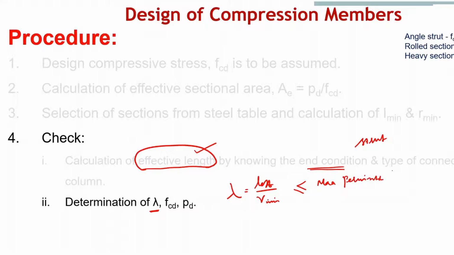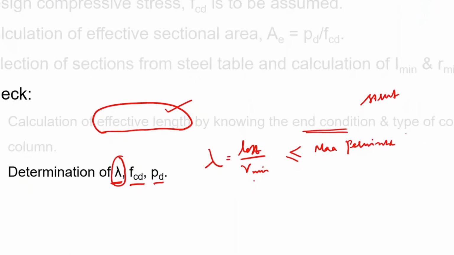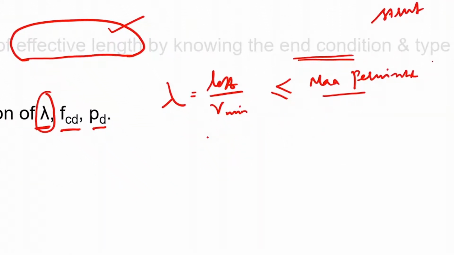If it's not, then you need to revise the section. Before calculating the design compressive stress and the strength of the compression member, first we need to check its slenderness ratio. If the slenderness ratio is greater than the maximum permissible limit, then we have to revise the section.